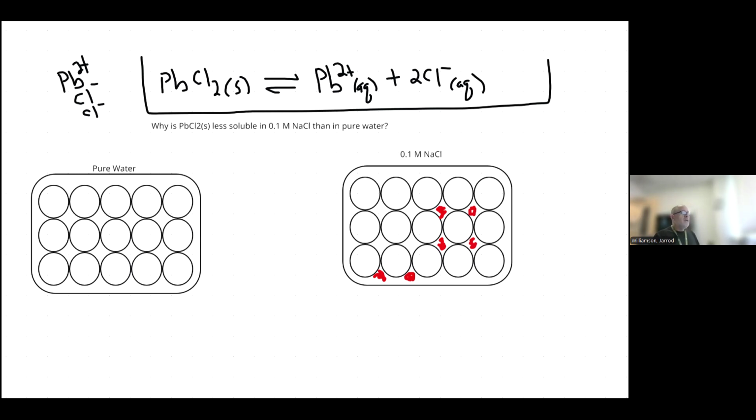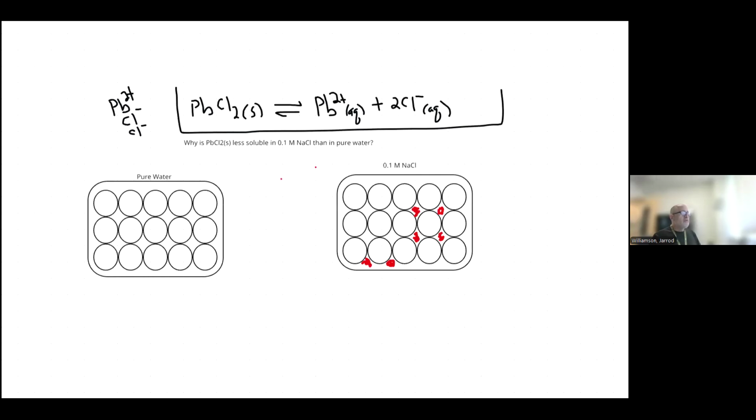Another way of looking at it, which is kind of incorrect, but I use it anyway, is when I have pure water, let's see here, zoom out a little bit. This outside curvy rectangle is my container. These big circles are my water molecules, and the spaces in between them are the spaces between the water molecules.